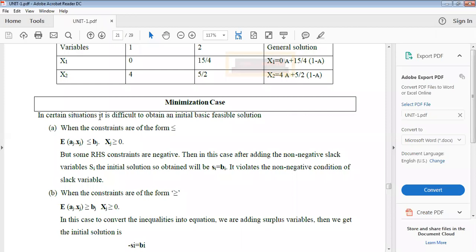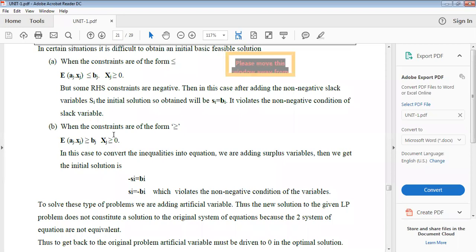So in certain situations, it is difficult to obtain an initial basic feasible solution. First case, when the constraints are of the form less than or equal to, but some right hand side constraints are negative, then in that case, after adding the non-negative slack variables Si, the initial solution so obtained will be Si is equal to Bi. It violates the non-negative condition of the slack variables.